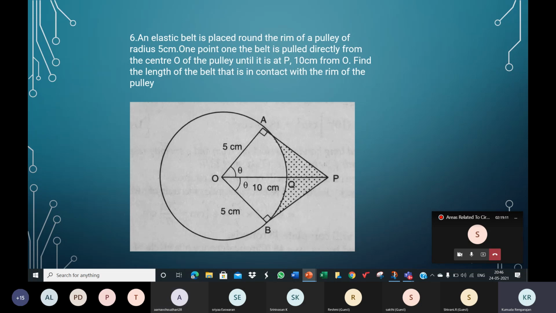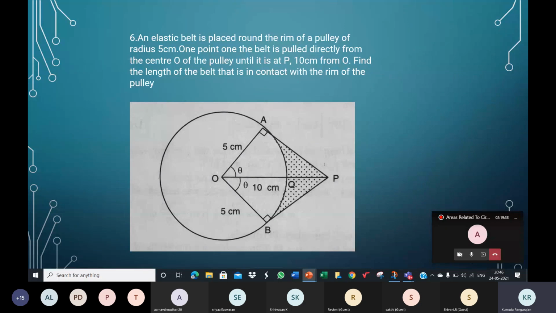Ma'am, they haven't given the figure in the question, so you have framed the figure on your own, ma'am. Let me just check if it's given or not. No, it's not given because there's no reference number. But then how can it be the area of the shaded region?